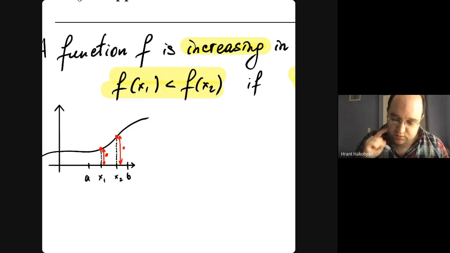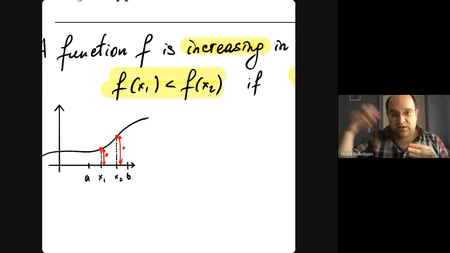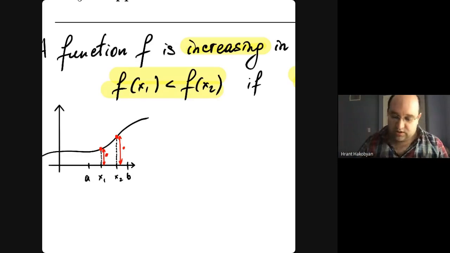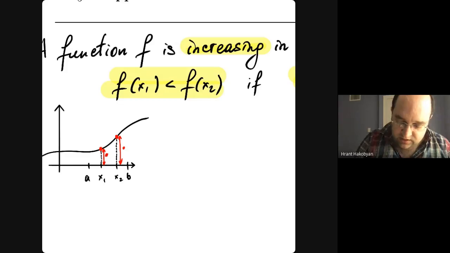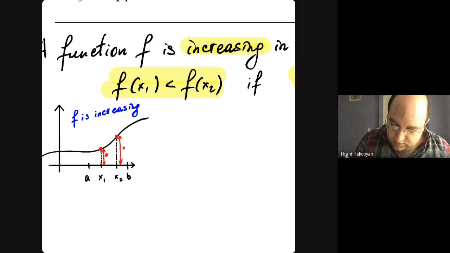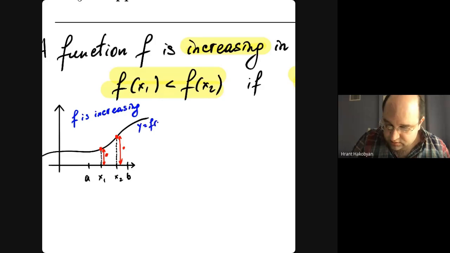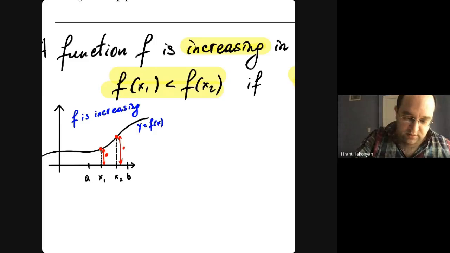So f(x1) is less than f(x2) if x1 is less than x2. For a later time, the function is bigger. So that's what we're saying, that f is increasing. So this is the graph y equals f(x). That's an example of something that's increasing.